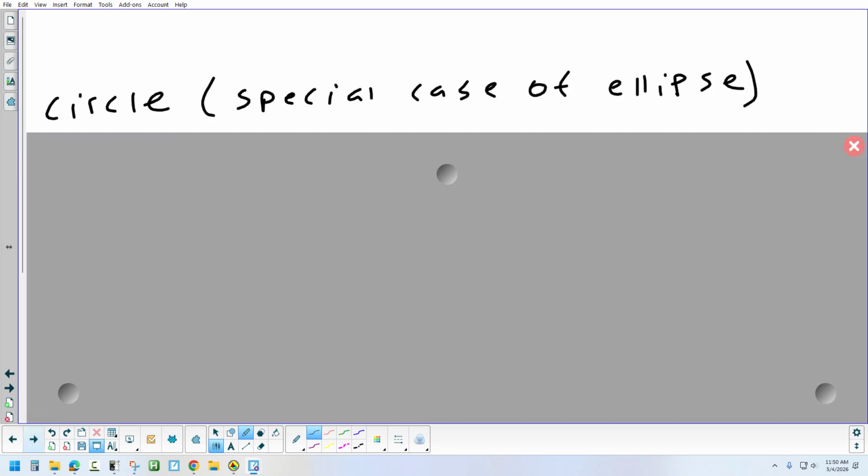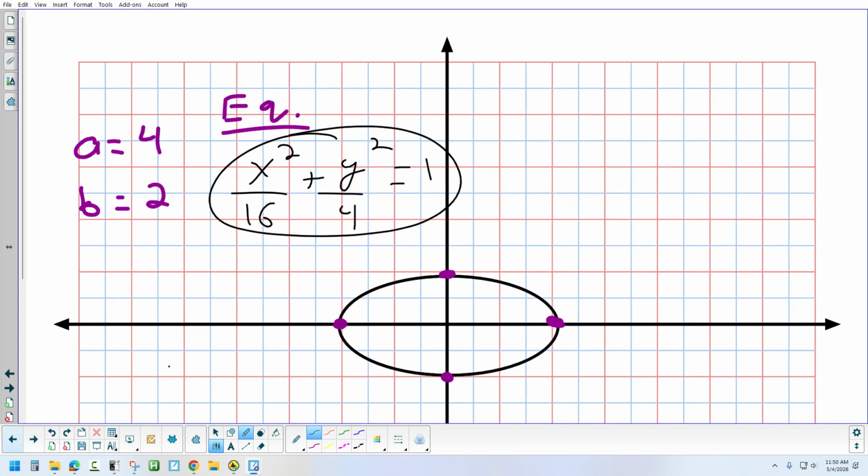So a circle is really just a special case of an ellipse. How would you describe a circle using terminology from ellipses? An ellipse with one focus point. Okay, so there's just a single focus. Anything else you could say?